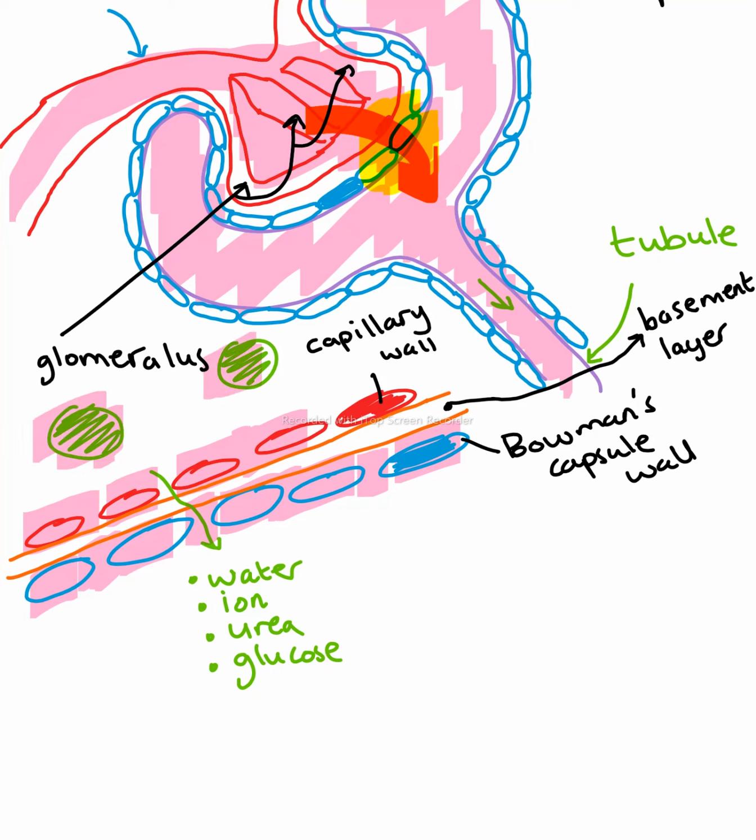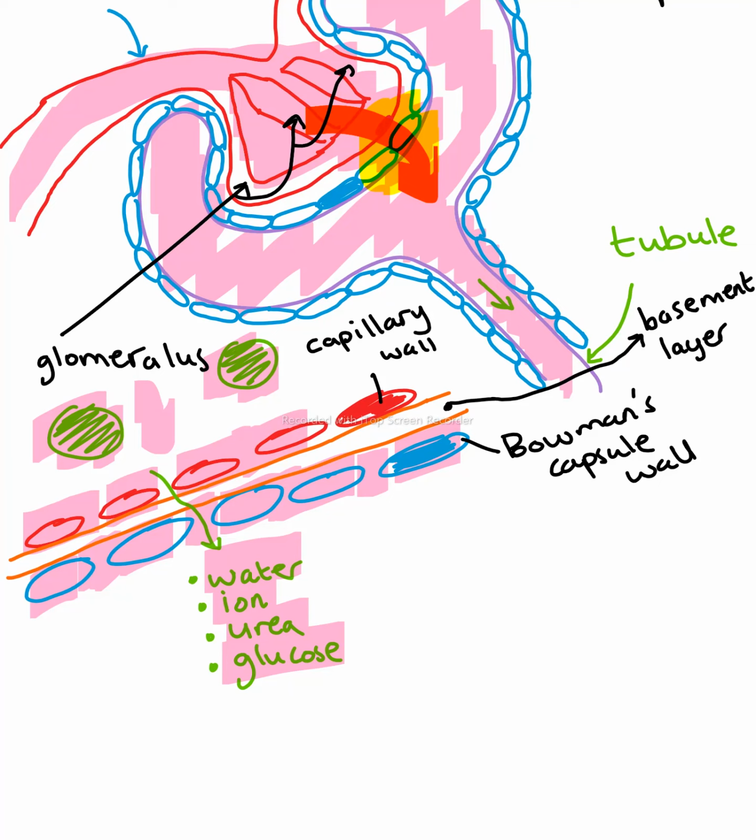There's your red blood cell and your white blood cell, and it's trying to get through, but it can't because this gap isn't big enough. But you get smaller molecules coming through, like water, ions, urea and glucose. Some of these will get absorbed back in, like the water, some of the ions maybe, and glucose. Glucose is too valuable to lose from the body.